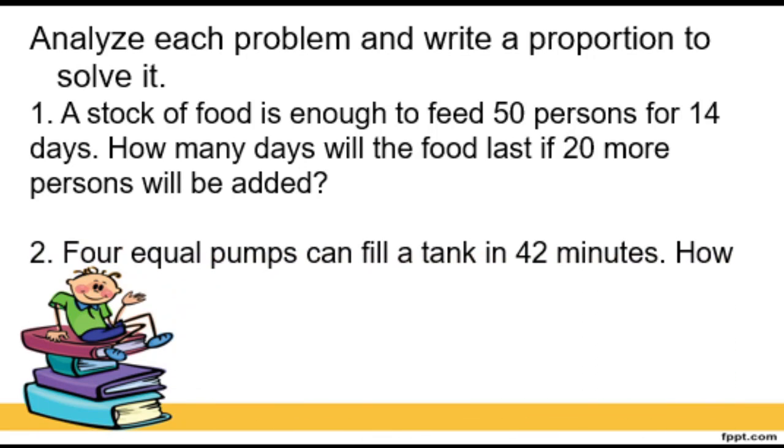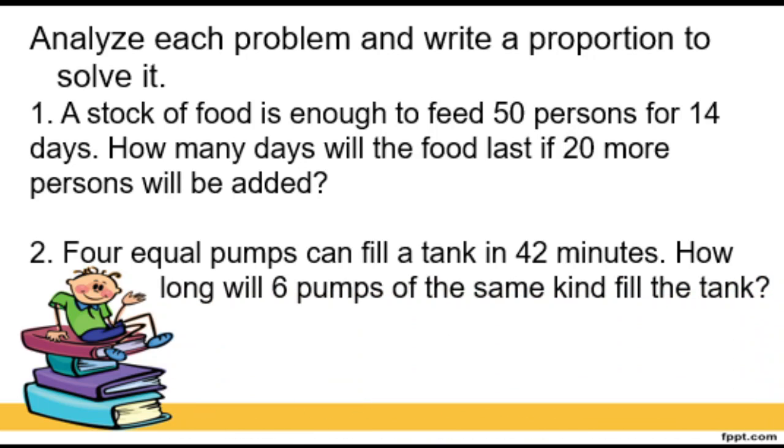Okay, next. Number 2: 4 equal palms can fill a tank in 42 minutes. How long will 6 palms of the same kind take to fill the tank? So, meaning we're going to write a proportion. And that's it. So, let's solve.